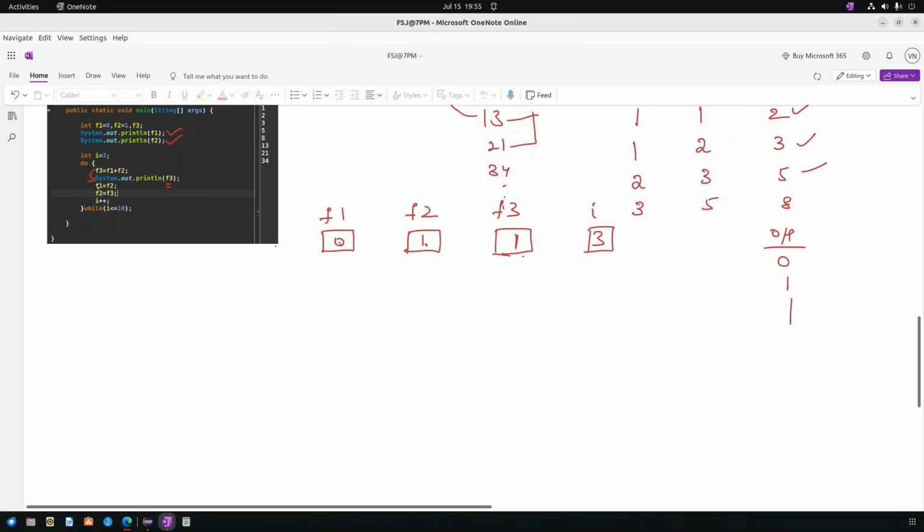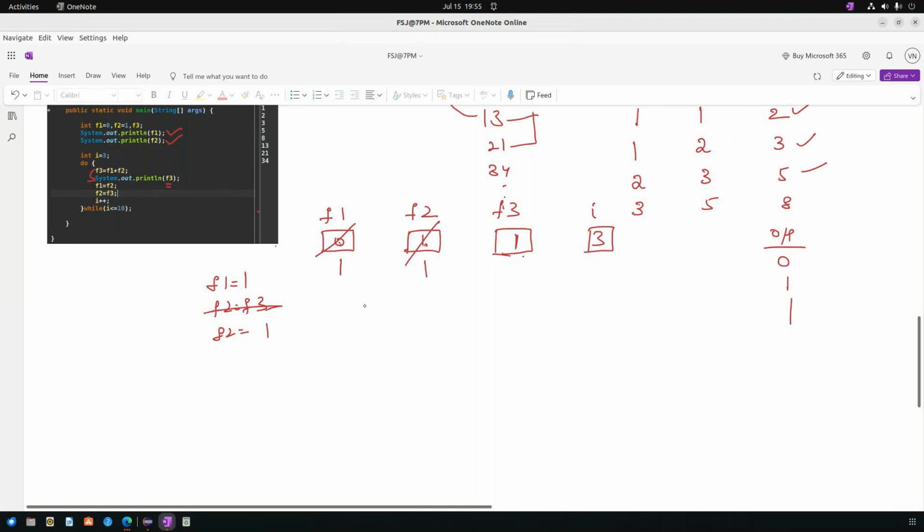Then you said F1 is equal to F2, which means for F1 you take the F2 value, so this becomes 1. Then we said F2 is equal to F3. F3 is nothing but 1, so this will also take the value 1.